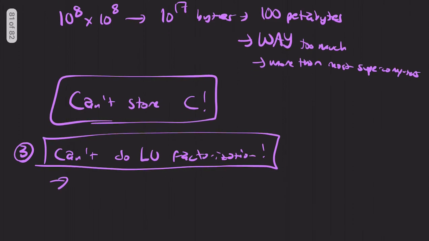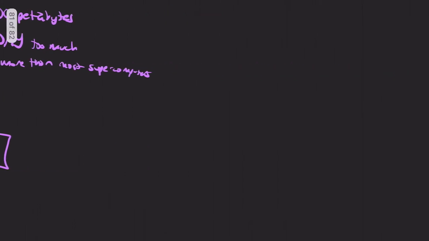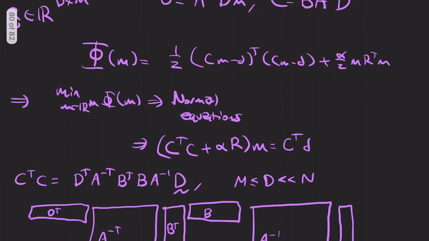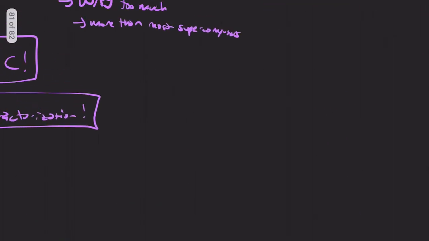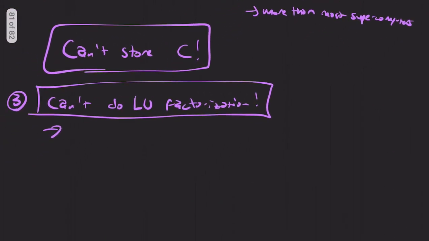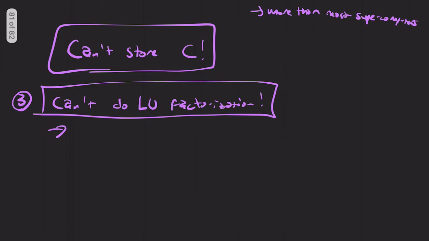Because we need to solve systems. We need to solve the system C transpose C plus alpha R equals C transpose D. So we need an LU factor. This is if we wanted to do a direct solver. So this is 10 to the 6th cubed, which is 10 to the 18th.